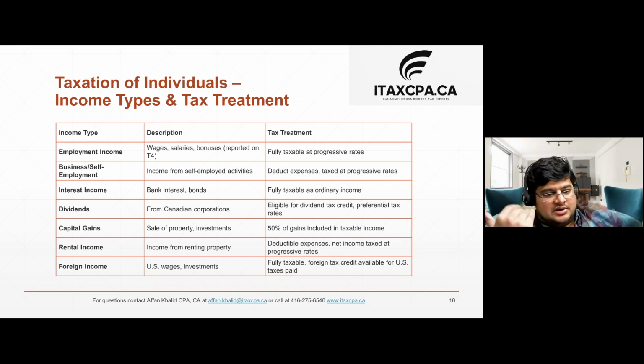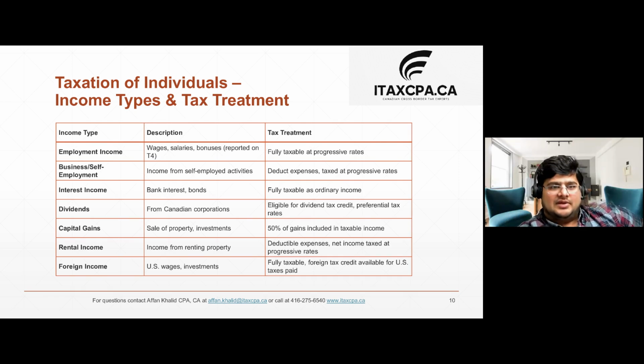They are allowed to deduct all the business expenses that are directly related to the business. But any income, that is their net profit, will be fully taxable at the progressive rates. Okay, but you're allowed to deduct business expenses.